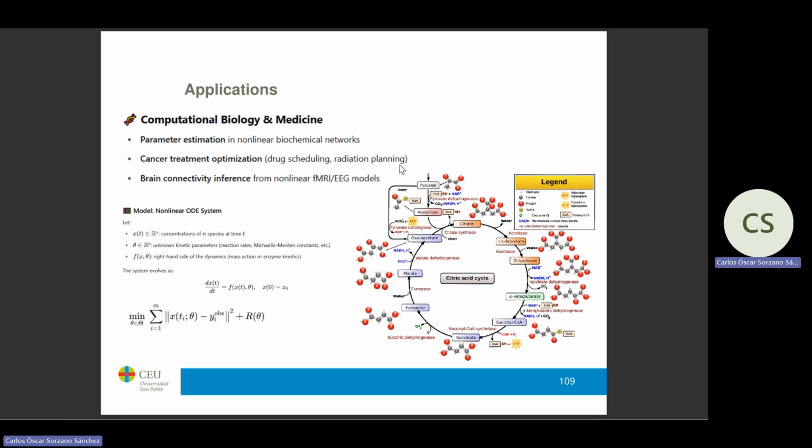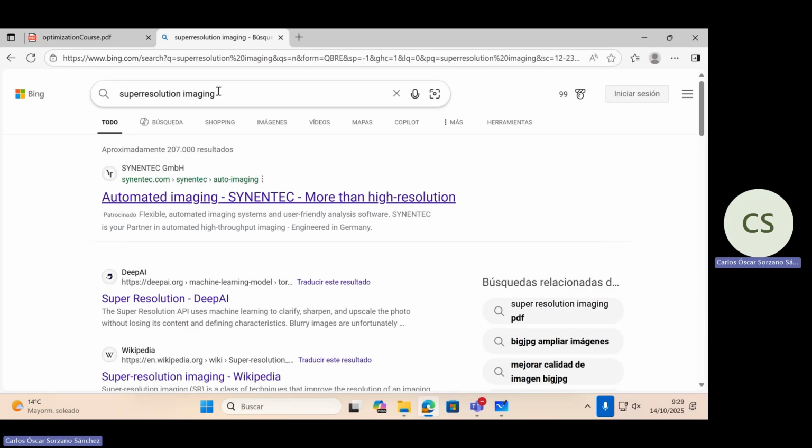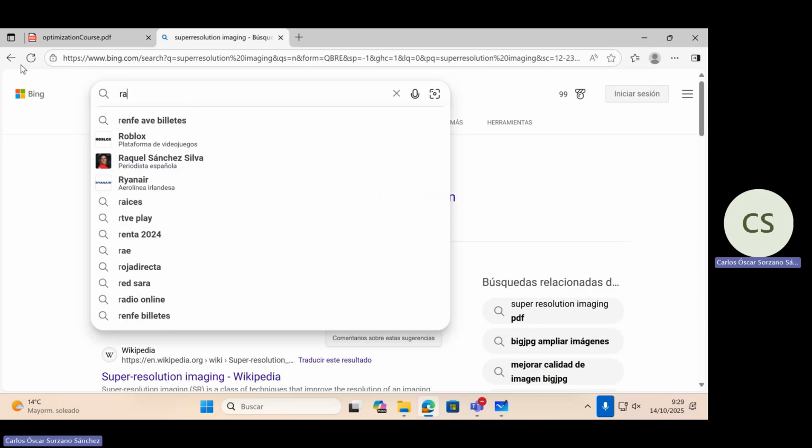When you have radiotherapy, you have to control how much energy you emit and with which frequencies from different sources, and what the geometry of these sources is. And you have to minimize the dispersion. Let's see if I find some nice picture of this radiation planning.